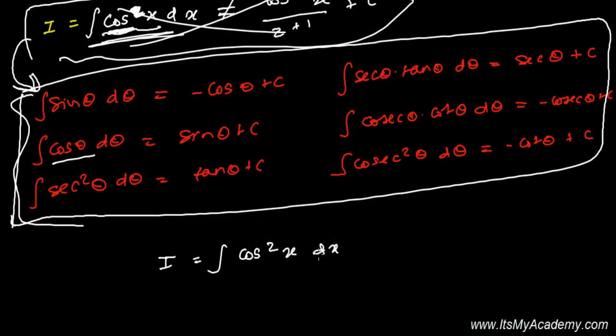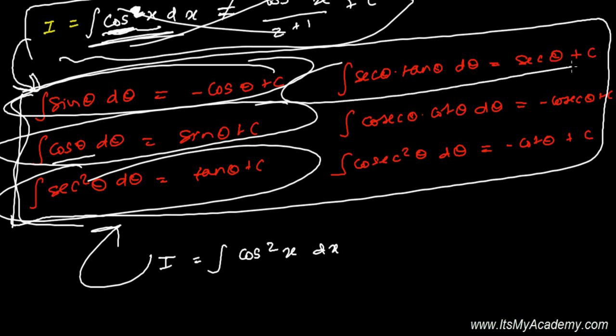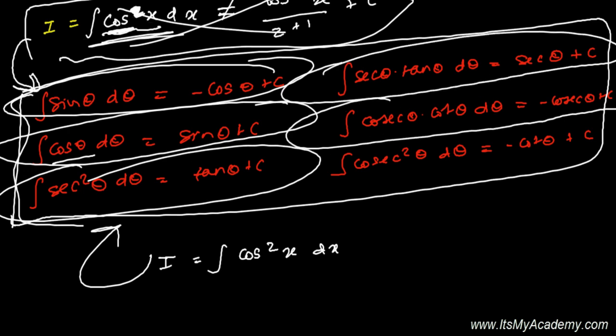It means if my integration question does not fall under these 6, we have to work it out, use some identities, and convert it into these 6 standard forms. Any of them will be applicable, at the beginning or at the end, but we must use any of these 6.